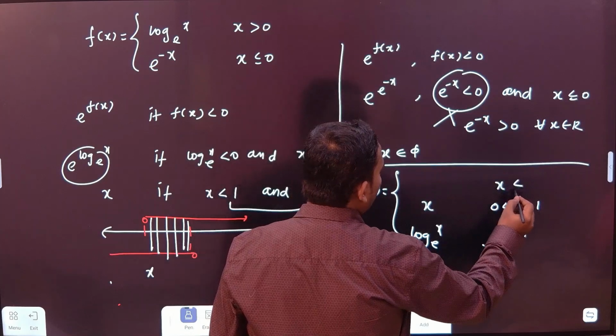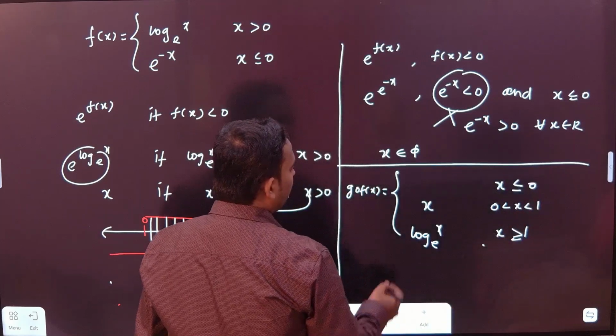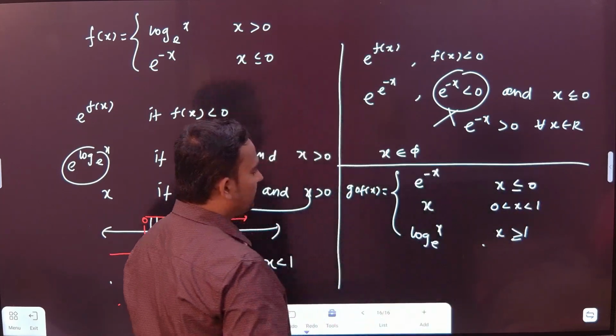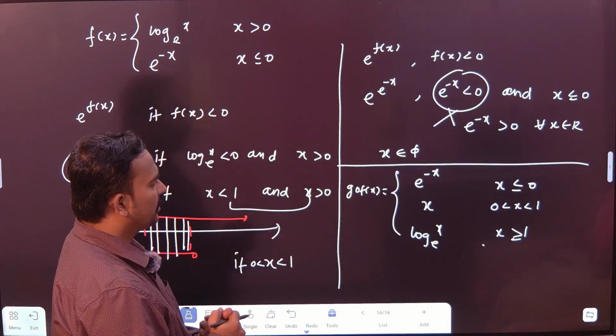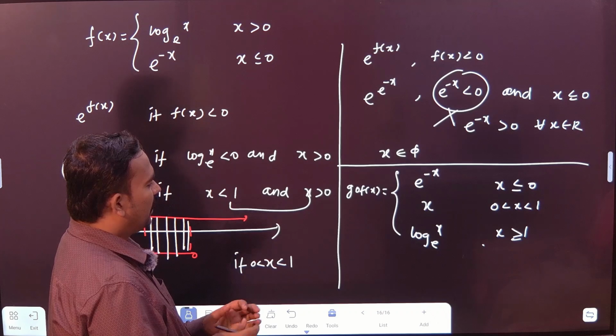When x is less than or equal to 0, then e power minus x. This is your g composition f of x. I hope everyone understood, right?